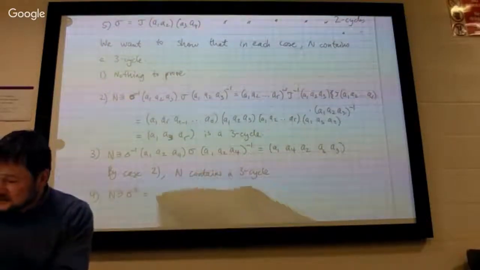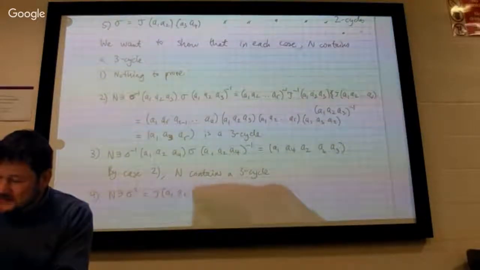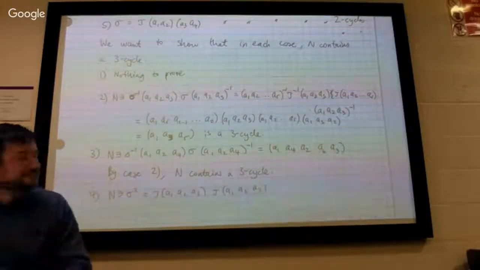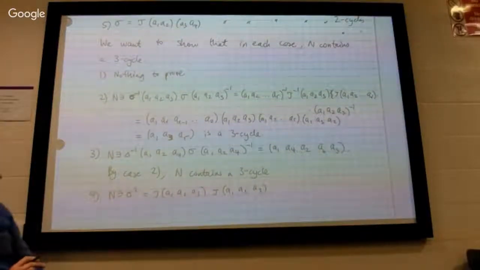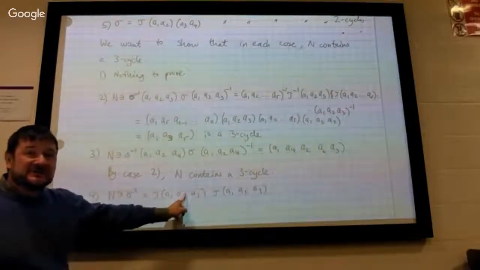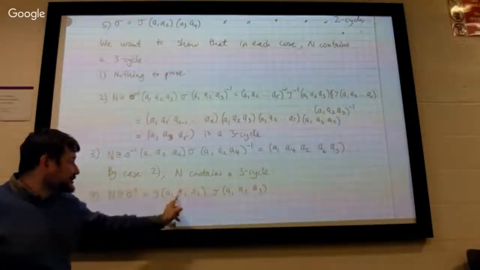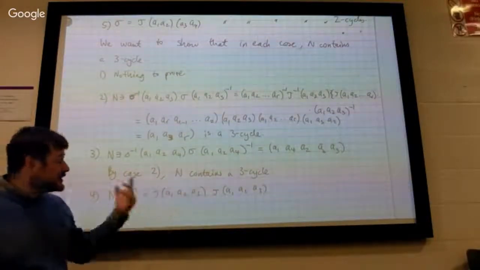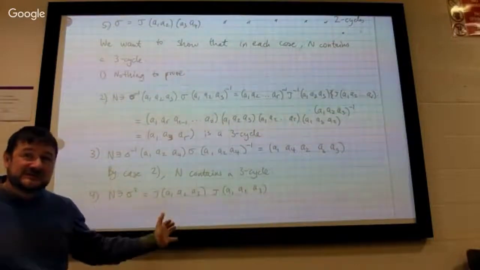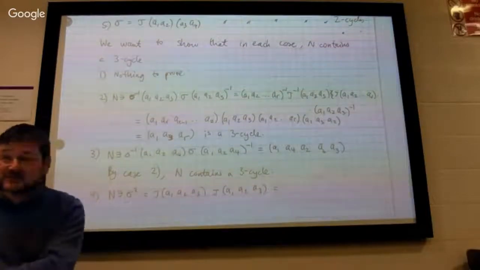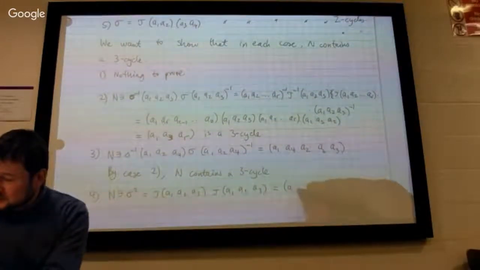This is tau times A1, A2, A3 times tau times A1, A2, A3. Now, this and that are disjoint, so tau commutes with this. Disjoint cycles commute. Tau squared, because tau is just 2 cycles, tau squared is the identity. So this is A1, A2, A3 squared. And A1, A2, A3 squared is A1, A3, A2.